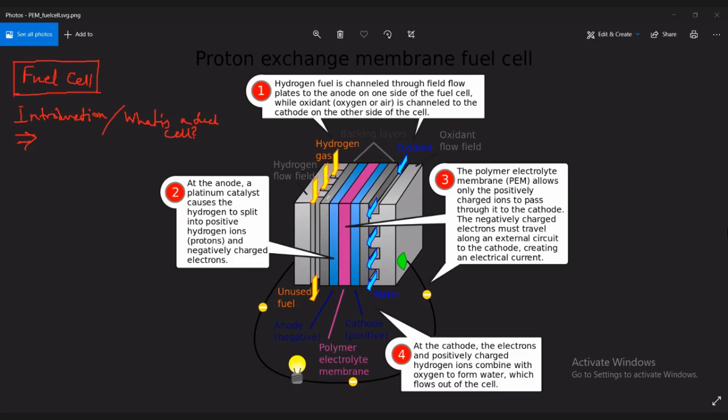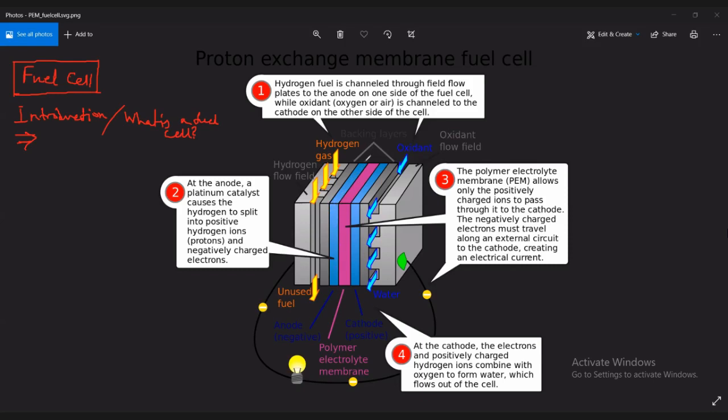Now we need to discuss the next layer, which is the anode layer. So anode and cathode all are electrodes. The anode layer is situated just in between the proton exchange membrane and the hydrogen gas chamber, and it is located in the middle portion of the 2 layers, and it is identified with blue color.